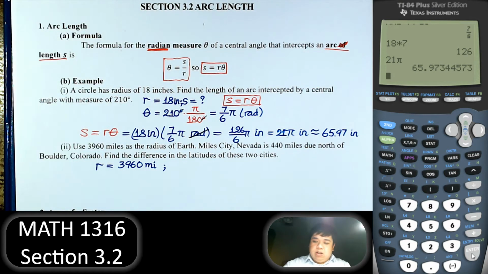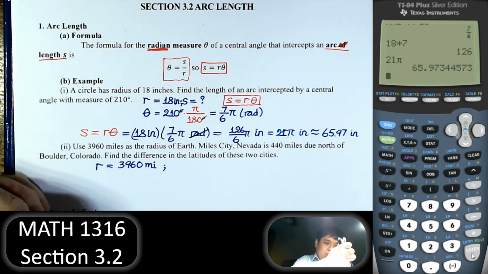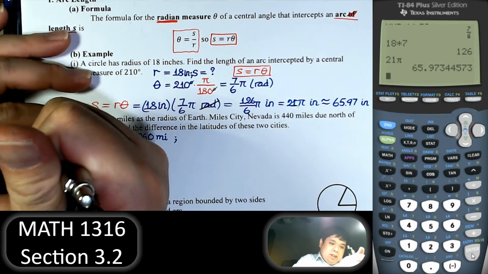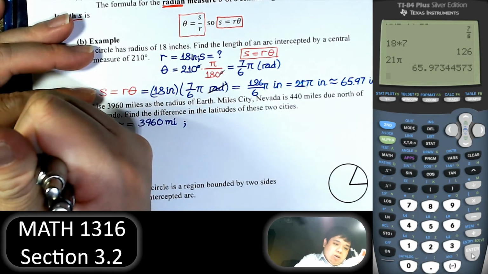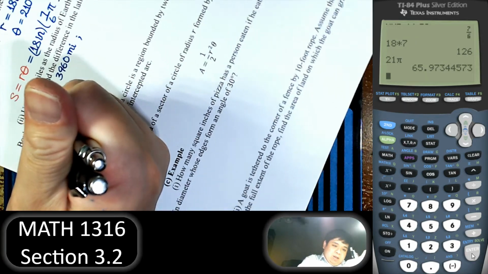Let's try to draw a little circle. I'm not going to draw the whole circle, just the northern hemisphere, which is a quarter of a circle.